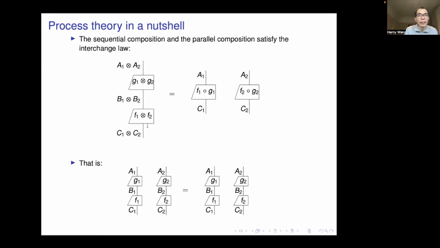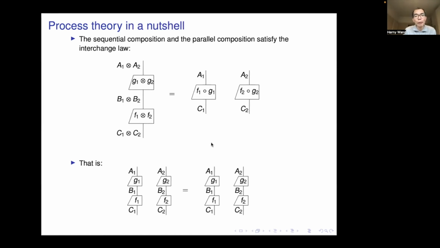These are big processes, and because in the middle the types are the same, B1 tensor B2, I can compose them sequentially. I compose the two top processes G1 and G2 first, and F1 and F2 at the bottom second, and then I compose the whole two big processes.